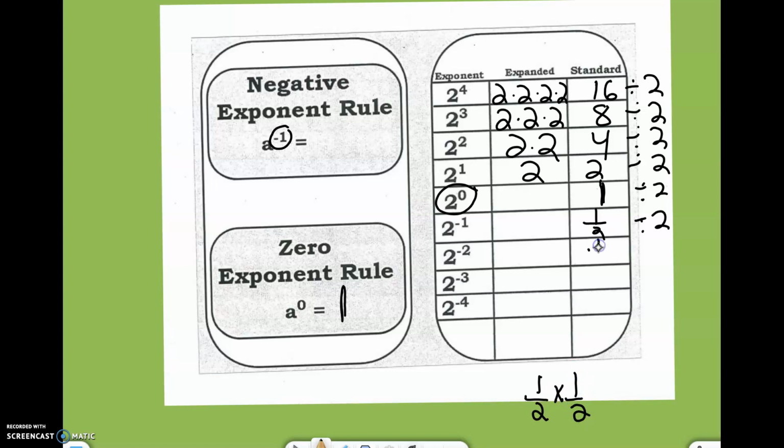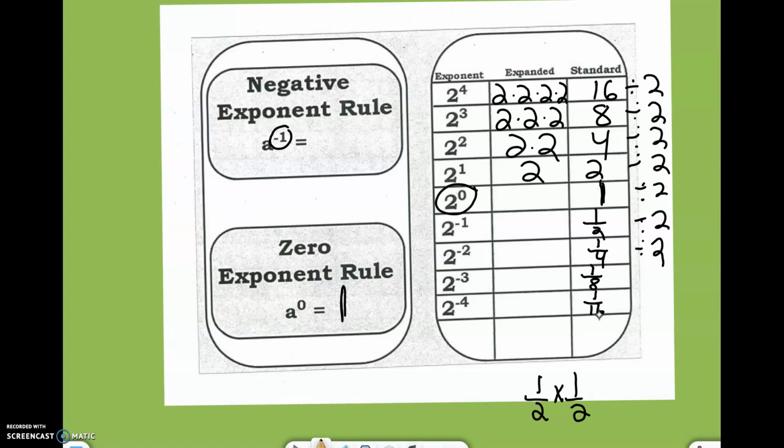That would be 1/4, right? Divide that by 2. You're going to do keep, change, flip again. That would be 1/8. And then the last one would be 1/16.